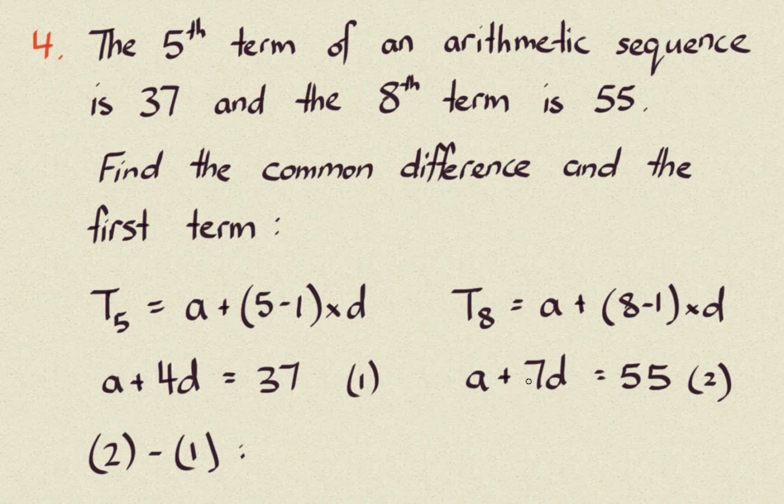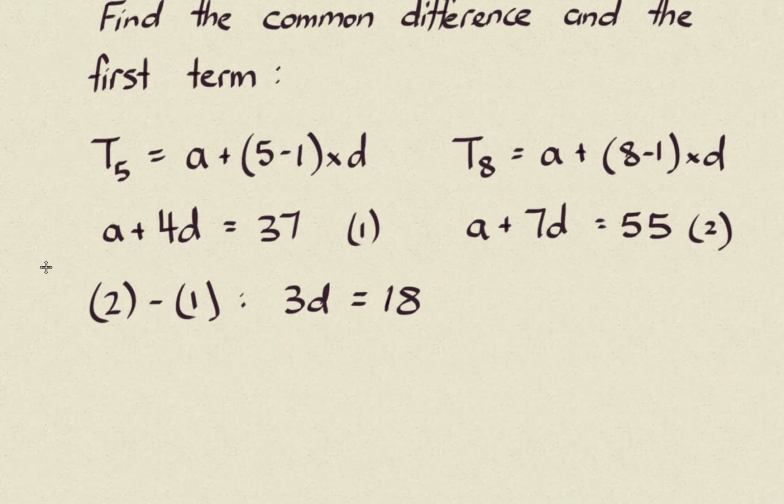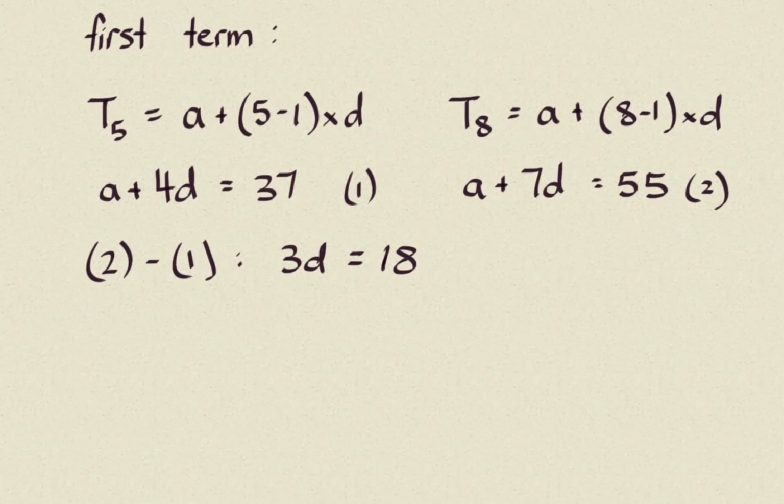Then we have 7 lots of d take away 4 lots of d, which is 3d, now equals, and then we have 55 take away 37, and that gives us 18. We can therefore see that d is equal to 6 when we divide by 3.